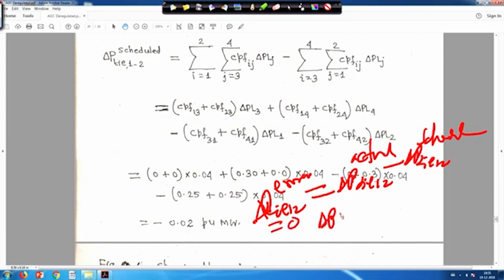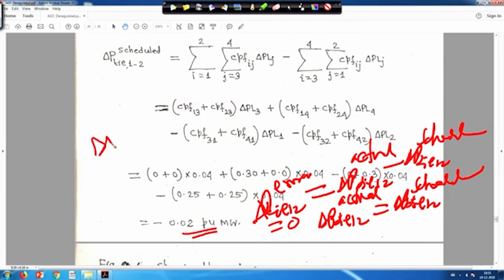Then delta P tie 1-2 actual has to be equal to delta P tie 1-2 schedule, which is minus 0.02 per unit megawatt. That means at steady state delta P tie 1-2 actual must be minus 0.02 per unit megawatt. I will show you the dynamic responses also, but this is the philosophy of how you can do this. Thank you very much, we will be back again.